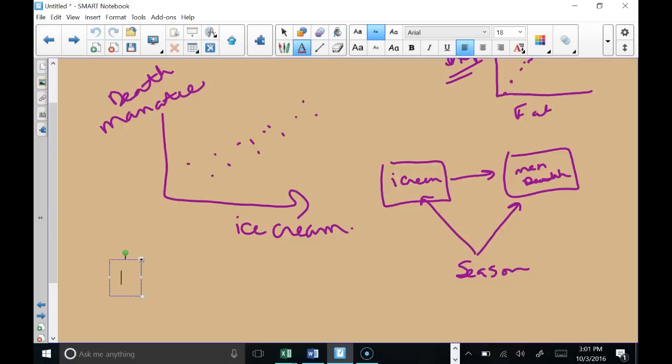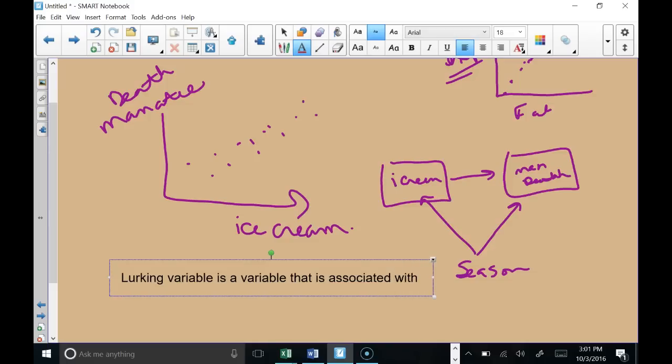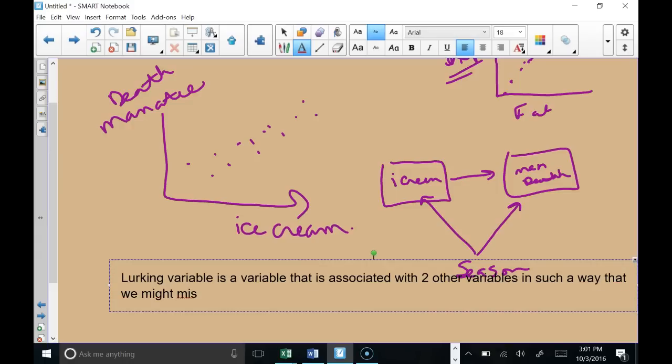Technically, a lurking variable is a variable that is associated with two other variables in such a way that we might mistake there to be a causal relationship.